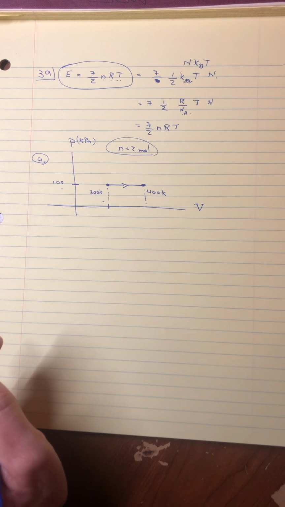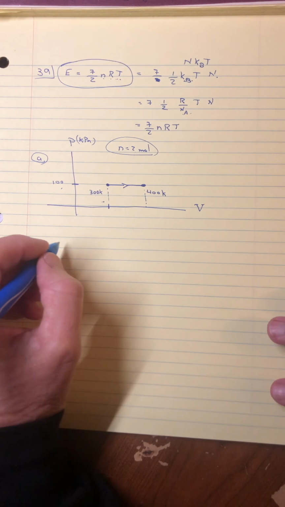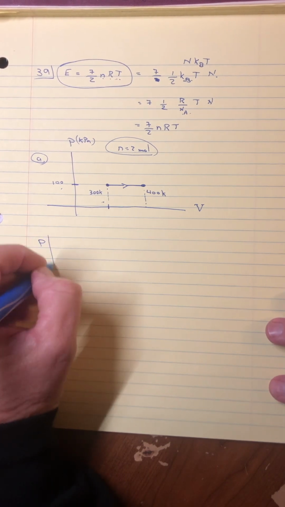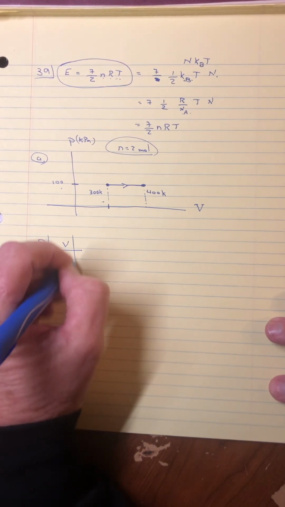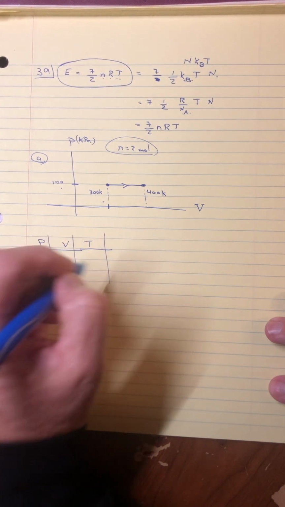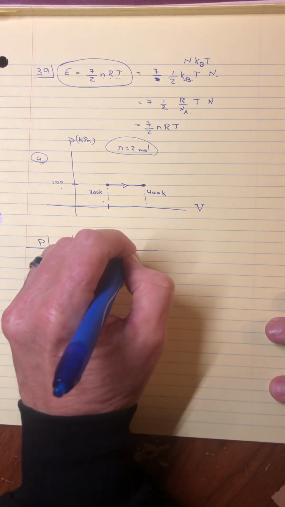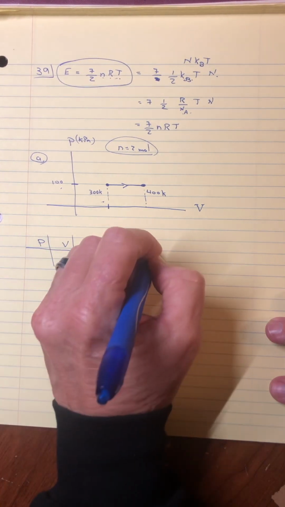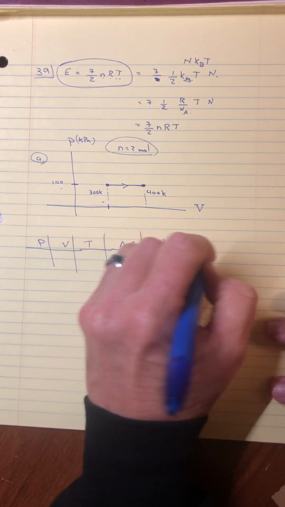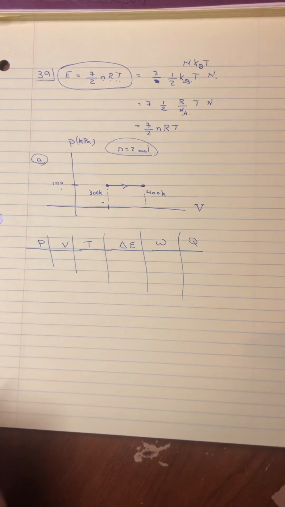They say determine the pressure, the final volume. And so I'm going to have a little chart that says what is its pressure, what is its volume, what is its temperature, what is its change in internal energy, what is its work, and what is its Q.